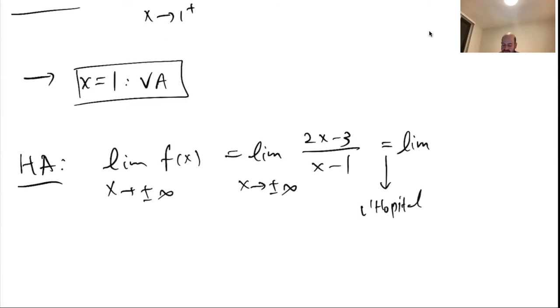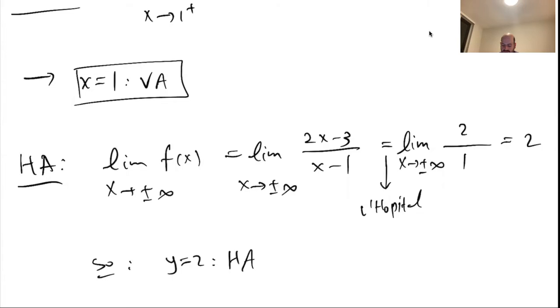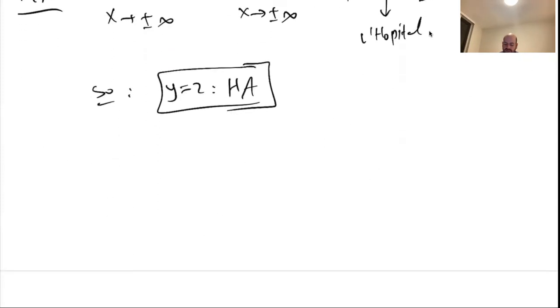Then this is the derivative of top, which is 2, over the derivative of bottom, which is 1. As x goes to plus or minus infinity, this is 2. So we can say that y equals 2 is a horizontal asymptote. Please make sure you write y equals 2 is a horizontal asymptote. Don't say 2 is a horizontal asymptote. A horizontal asymptote must be a horizontal line, and y equals 2 is a horizontal line. Now we are ready to sketch the graph.